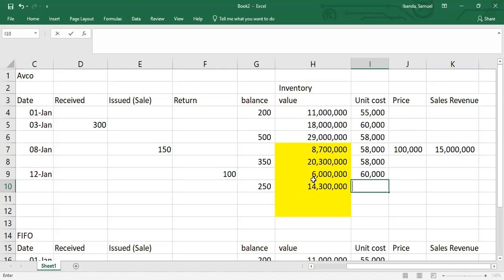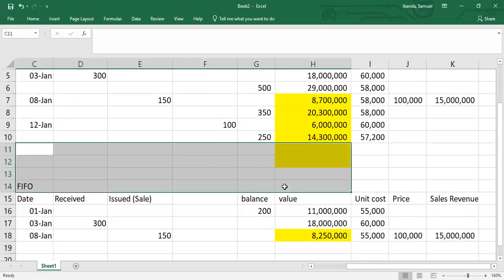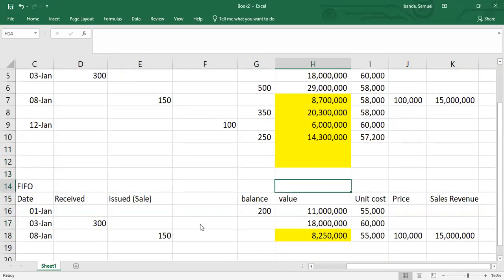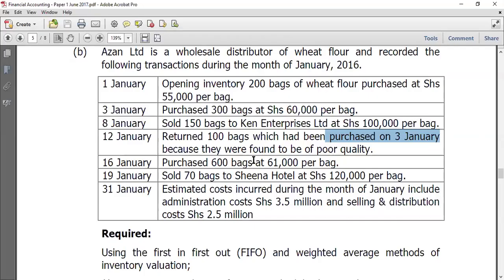okay, now when you divide, because it's average cost, when you divide 300,000 divided by 150, should be able to give you the average here, your average value. Okay, so something like this. And then when you look at the question here, they are saying that that was the return.